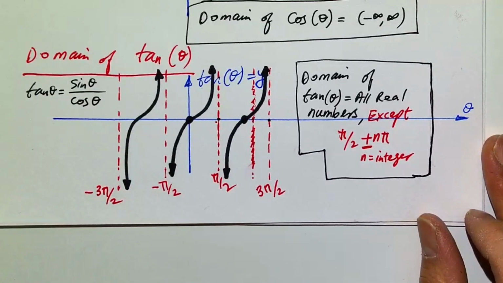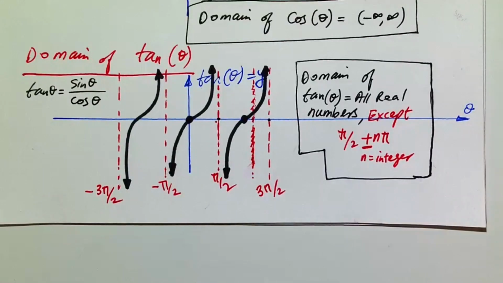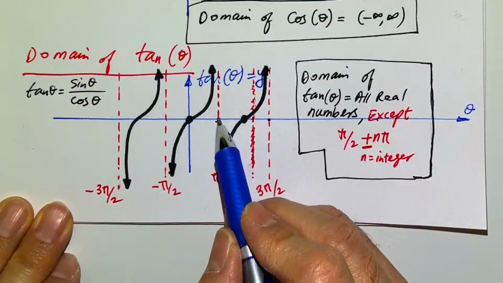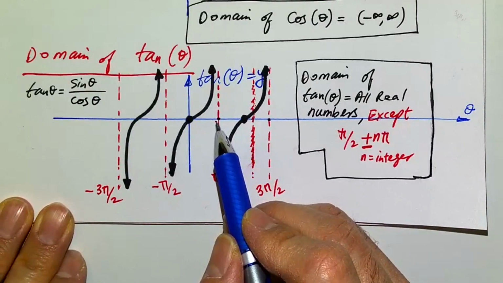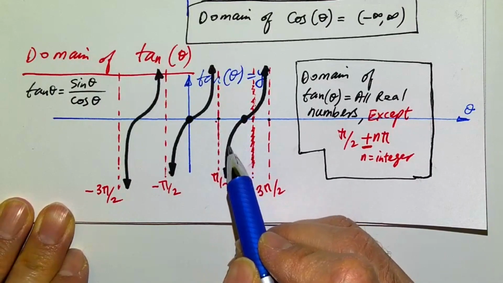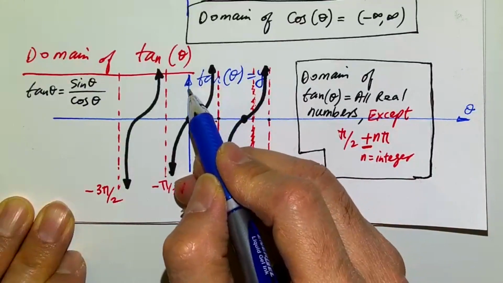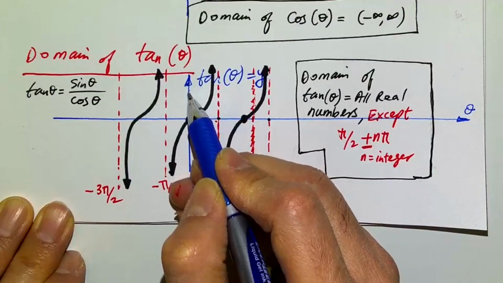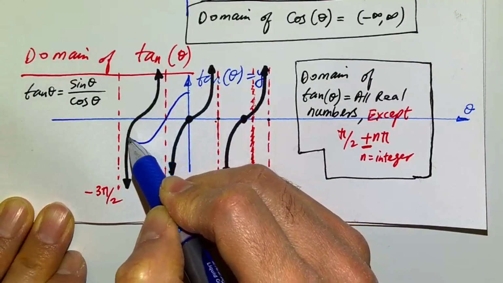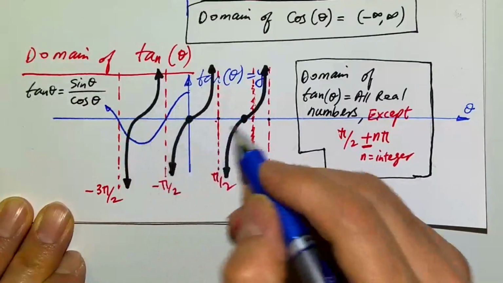I'm debating myself whether I should draw the cosine curve or not. Let me lightly draw it because it's important for you to see that these asymptotes occur whenever the cosine function is 0. So if we have the cosine function coming from here like that, then it would go like that and so on. So that's the cosine of theta.